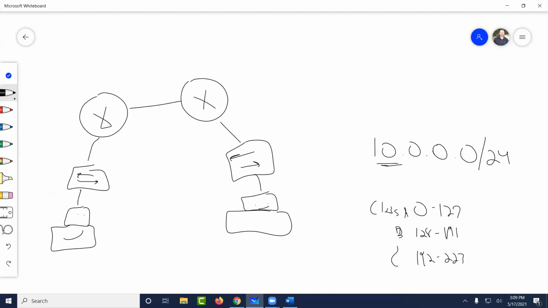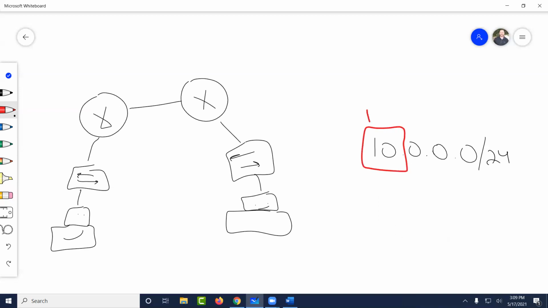How many host bits are on this network with a /24 mask? Now remember, don't use the class A mask. Use the mask that I have given you. That's 24. So with a mask of 24, how many host bits do we have? Well, this is our network, correct?